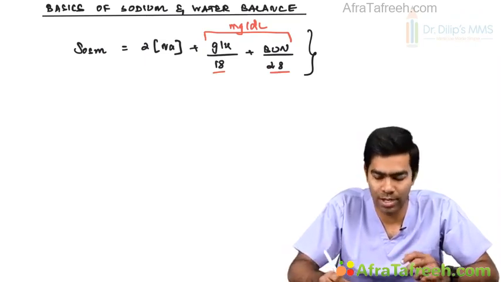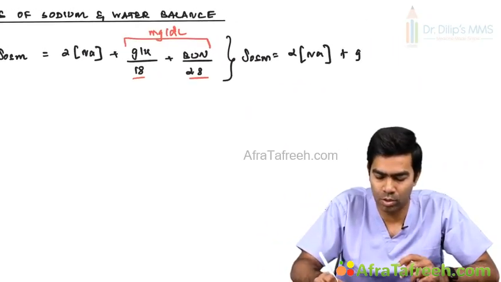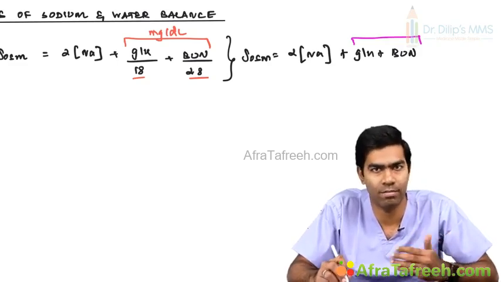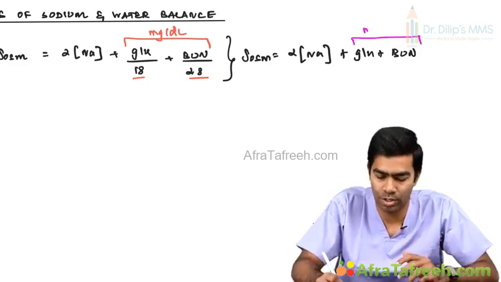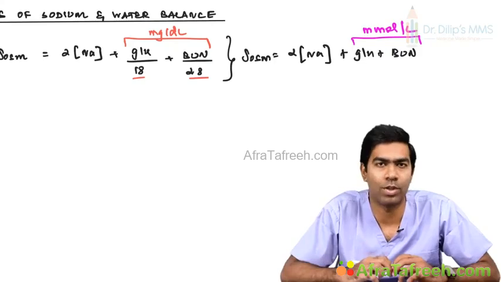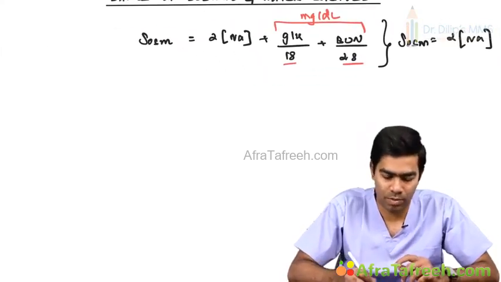Then the same formula can be rewritten as 2 multiplied by sodium plus glucose plus blood urea nitrogen, which means you don't need the correction factors of 18 and 2.8 if you use millimoles per liter as the standard unit. All right, so this is the formula for serum osmolality.